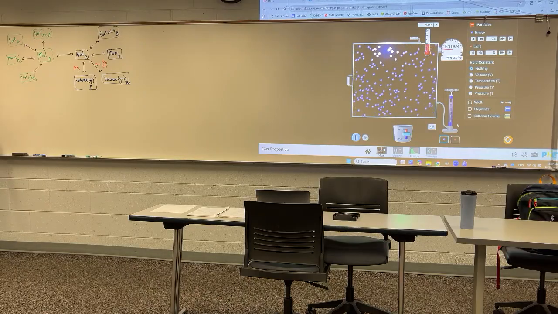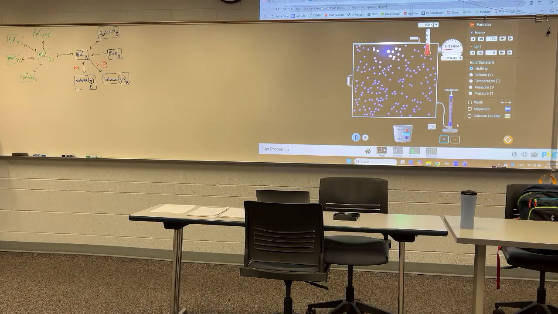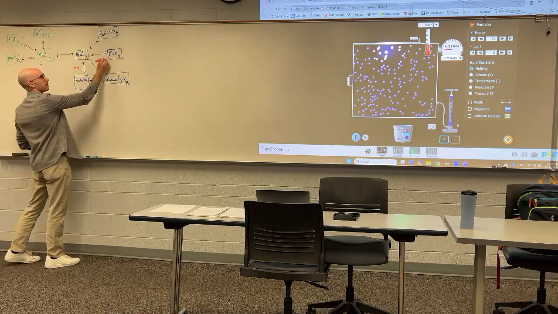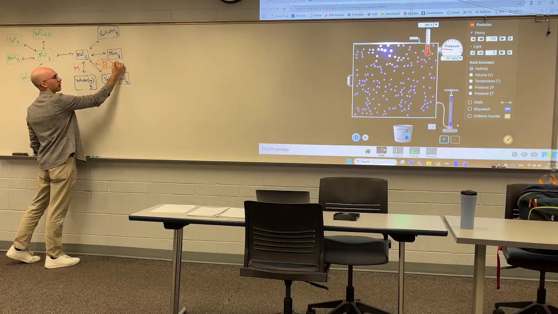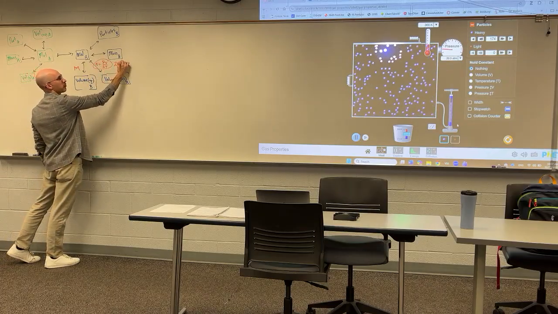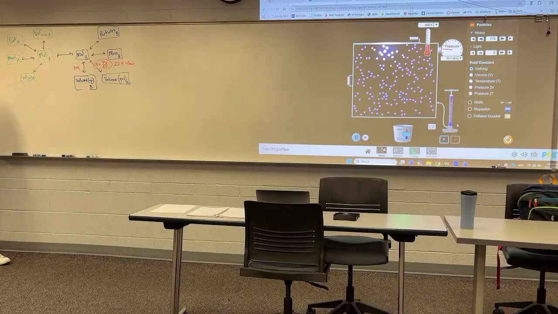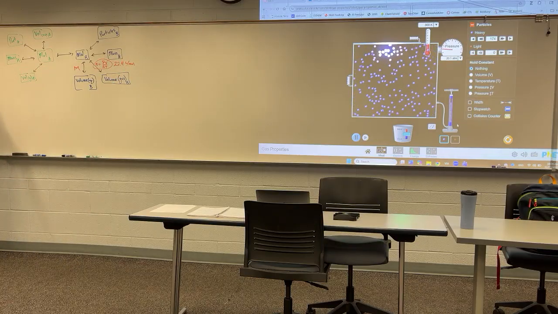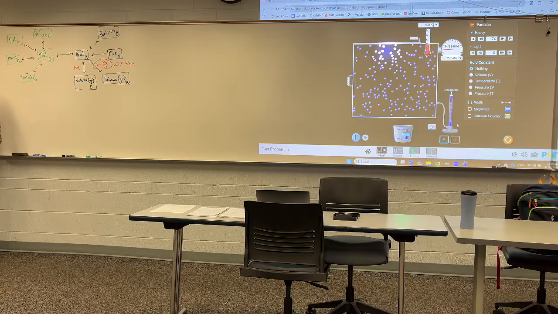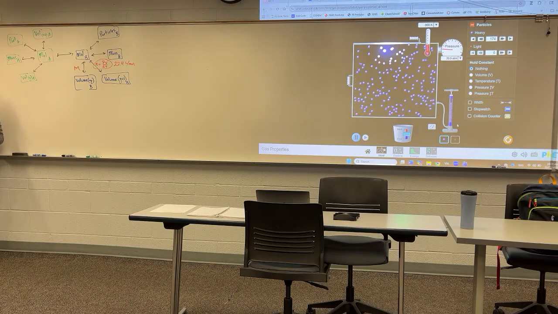And we said that at STP, PV = nRT solves for this conversion factor, 22.4 liters per mole. One mole will take up 22.4 liters of a gas, regardless of the identity of the gas. That's the volume that it will take up.